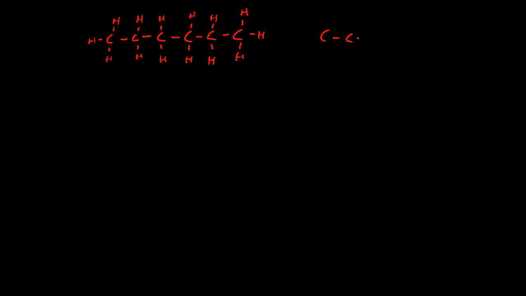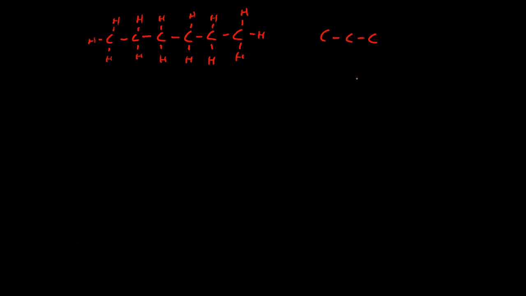And by the way, this is not a different molecule than this. Simply having them pointing in a different direction is not going to give you a different isomer. They have to be connected differently, not just pointing in a different direction.